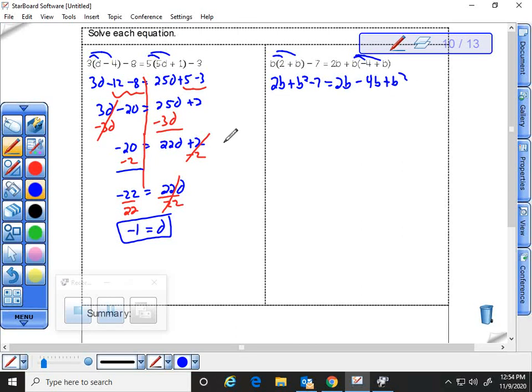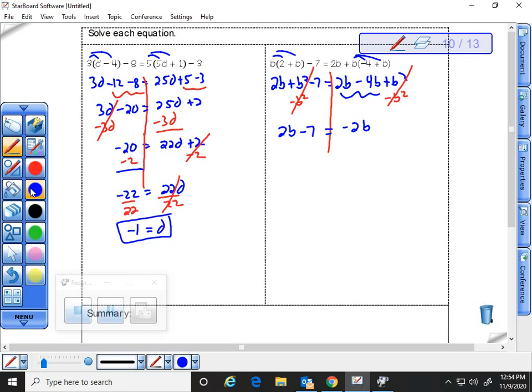Combining your like terms, I don't see any like terms to be combined. So in this case, the b squareds better cancel out on both sides, which they do. Because we don't know how to do those problems quite yet, but you will at some point this year. Oh, and I should combine those. Minus 2b. And those canceled.